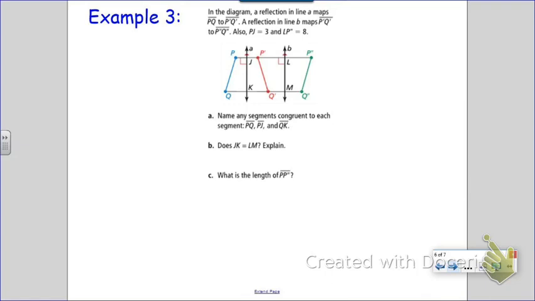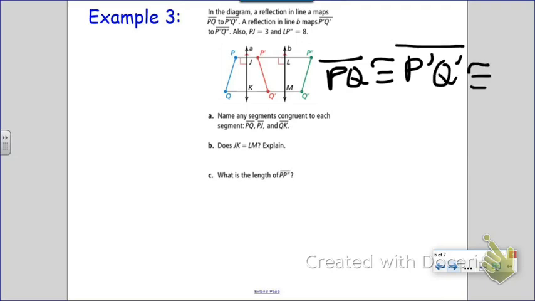In this diagram, we're looking at segments congruent to each other. So we have segment PQ congruent to segment P prime Q prime, which is also congruent to segment P double prime Q double prime.